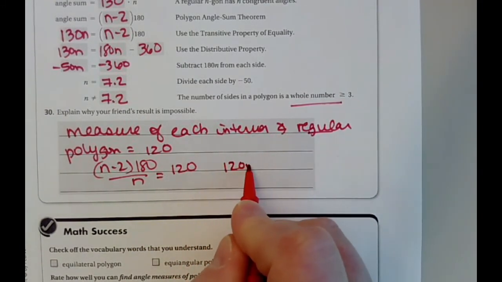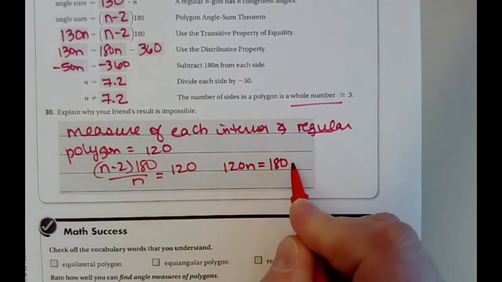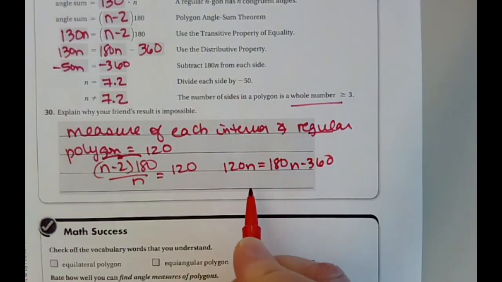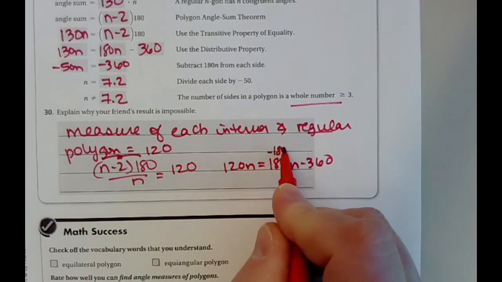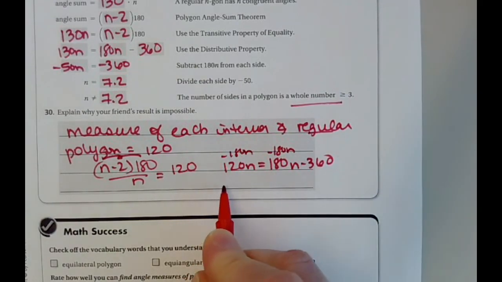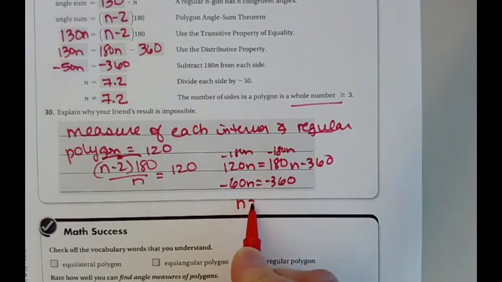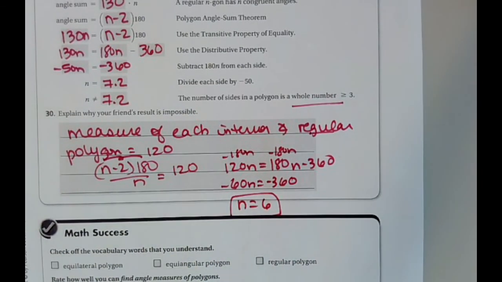So I'd say 120n equals 180n minus 360, because I'm just going to distribute. And then I subtract, which gives me negative 60n equals negative 360. So n is 6. So a hexagon has 120 degrees in each interior angle of a regular hexagon.